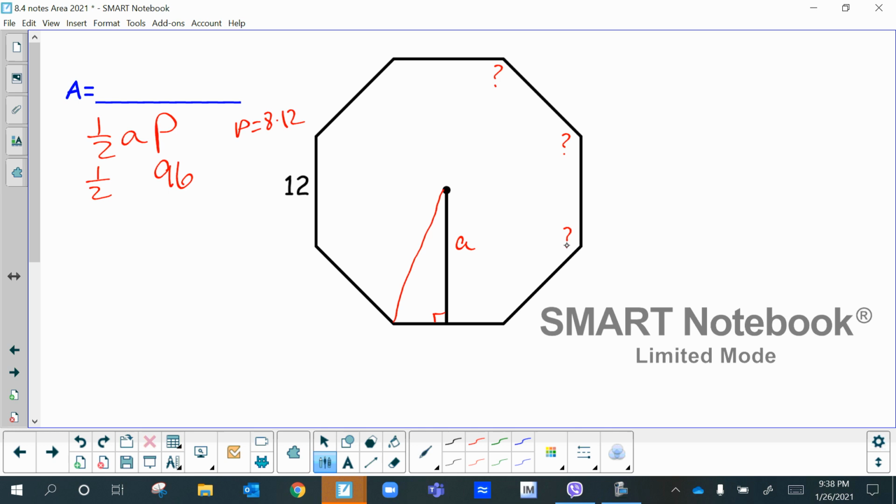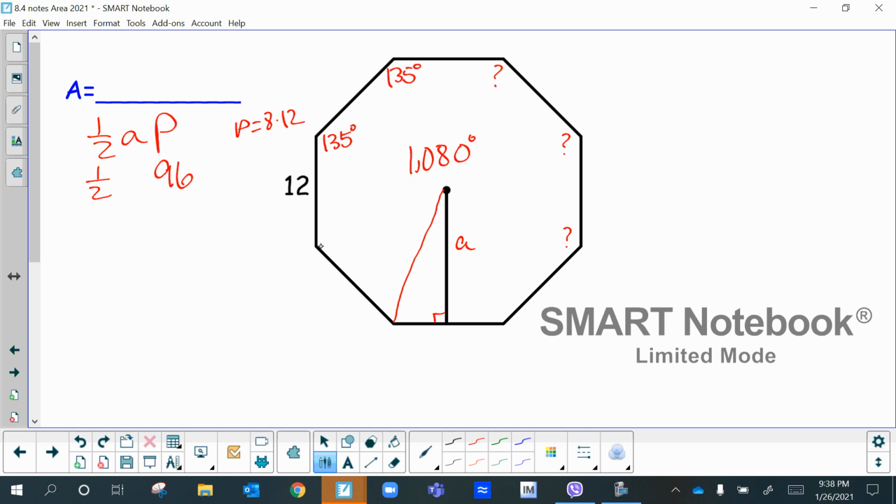Okay, it's 8 sides, so I'm going to multiply 6 times 180, which is the total number of degrees, 1080. And so each one, I'm going to divide it by 8, is 135 degrees. So 135, 135, and so on, okay?